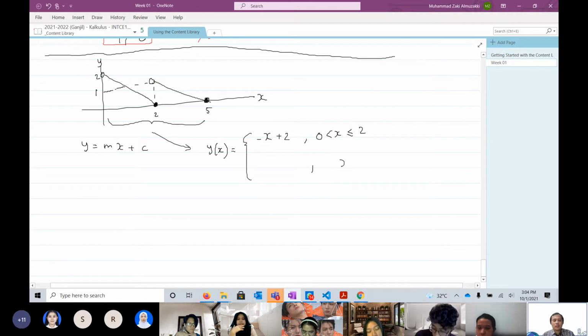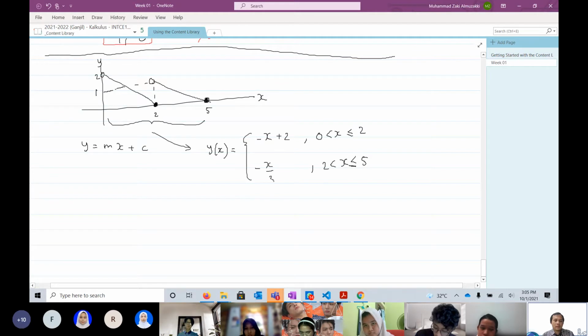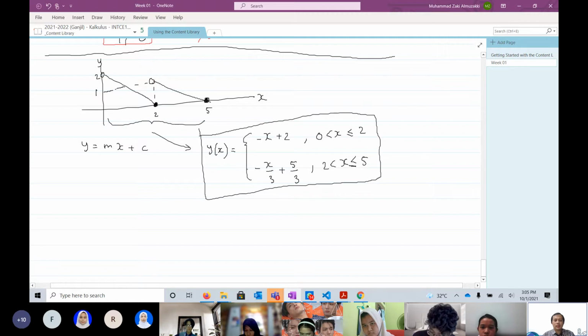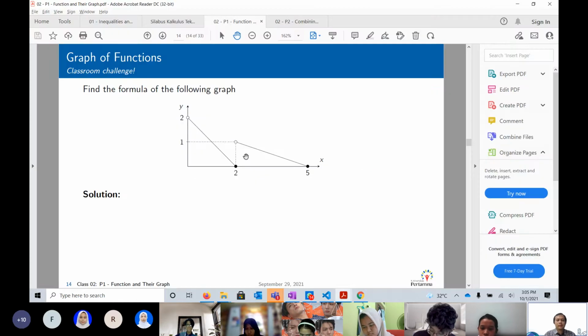And then when x is from 2 to 5, I think it is minus x over 3 plus 5 over 3. Well, you can check it at home whether my formula is correct, but I think this is the answer for this graph.